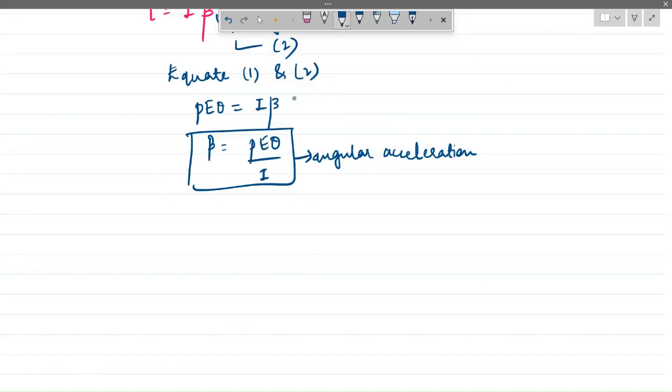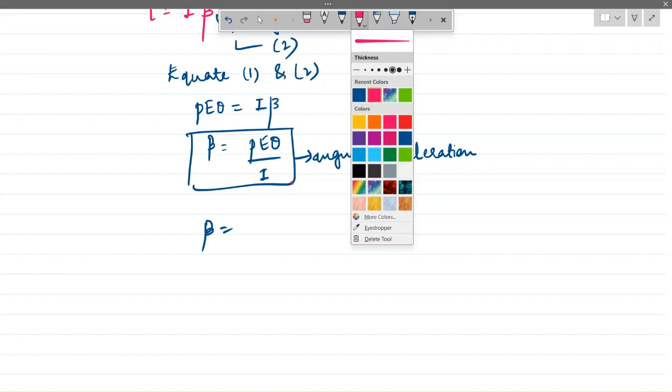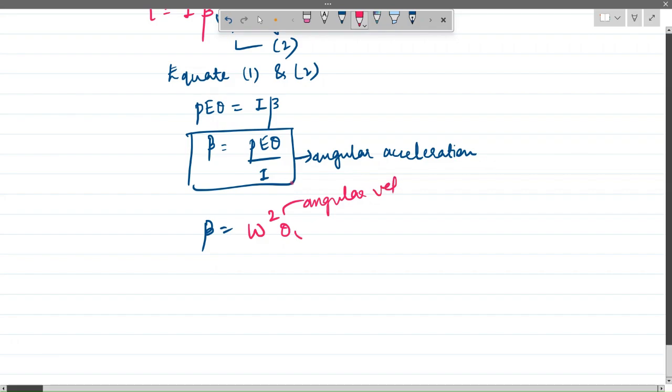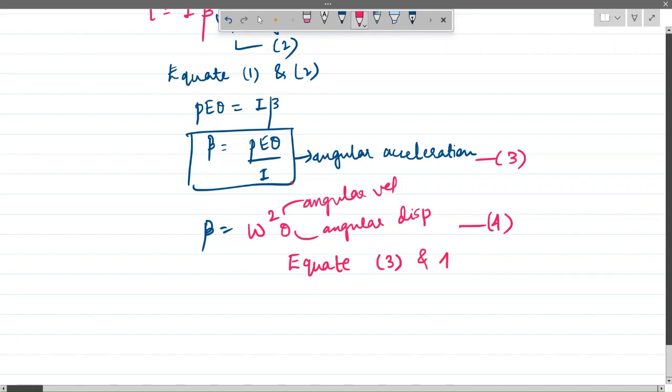The expression for angular acceleration beta, we have studied in our 11th class, is the product of the square of angular velocity and the angular displacement. This is angular velocity, this is angular displacement. This is our equation 3, and if this is our equation 4, equate 3 and 4.